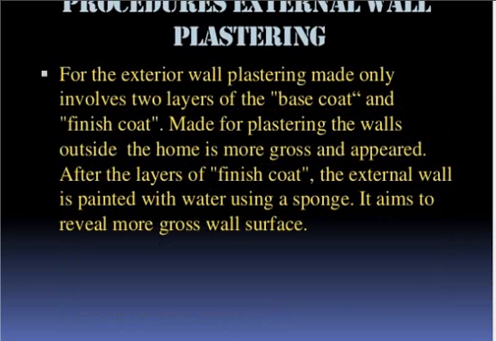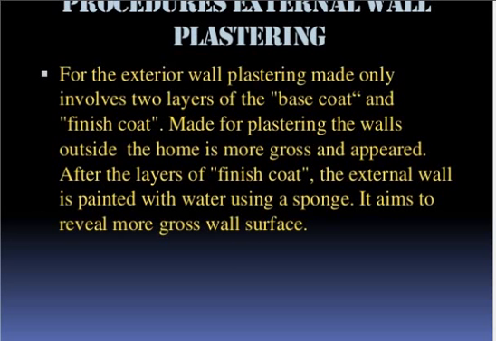What about external plastering procedures? As we see here in this slide, exterior wall plastering mainly involves two layers: the base coat and the finish coat. This is different from internal plastering in the number of layers. In the finishing process, there are just two layers of plastering for external plastering.